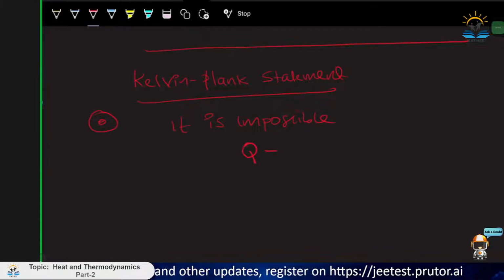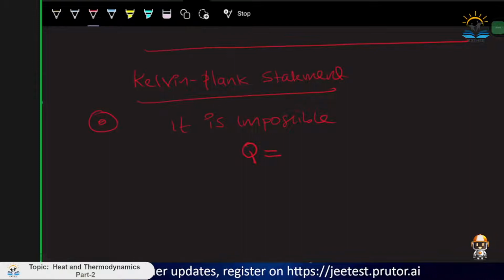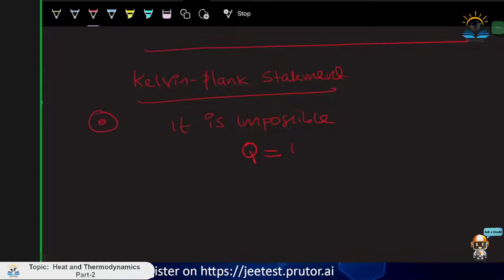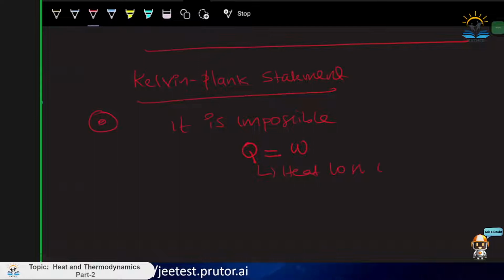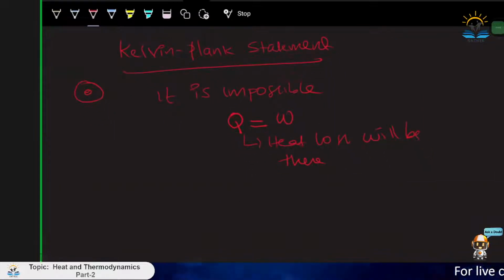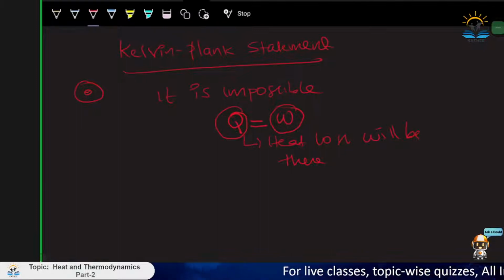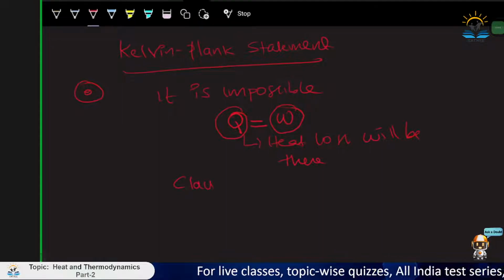When we give heat, only a part of it will be used for work, and there will be heat loss. It means there will not be 100% efficiency. I hope you understand.